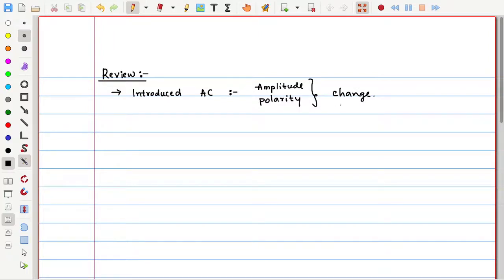Certain patterns, certain changes are going to be repeated for every certain interval of time. So that repetitive nature we called periodic waveforms.